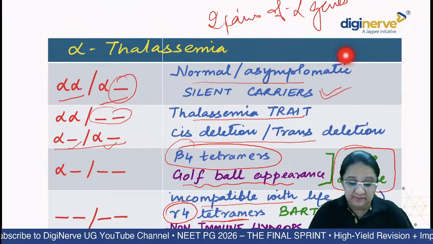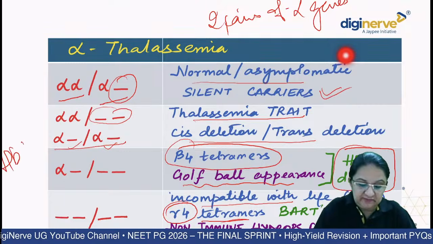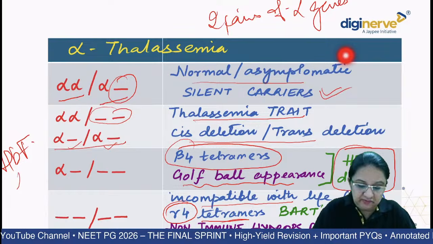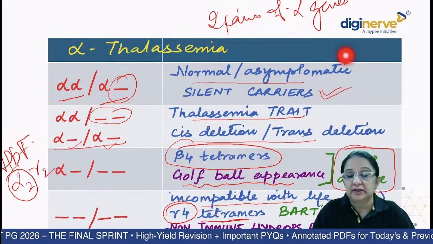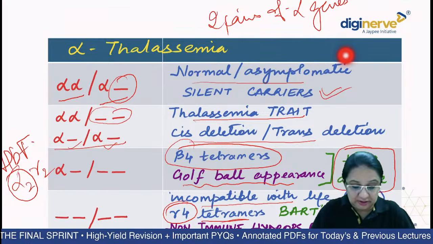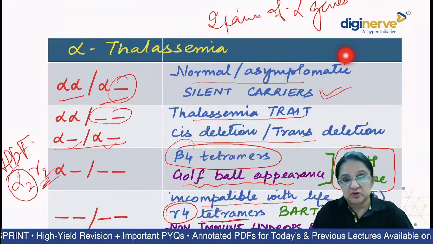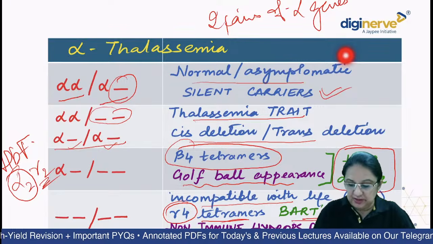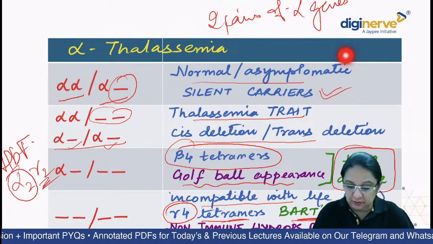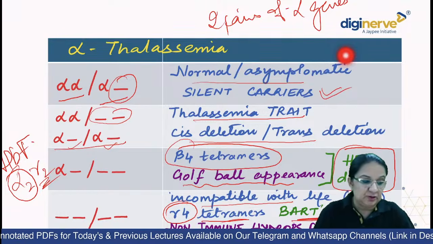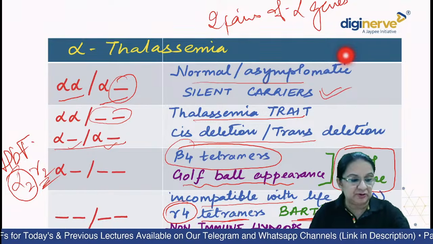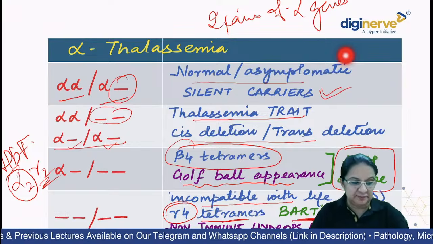Remember, fetal hemoglobin HbF is made up of alpha 2 and gamma 2. When alpha chains are not there, gamma tetramers will be formed, and this is known as Bart's disease, a common cause of non-immune hydrops fetalis.